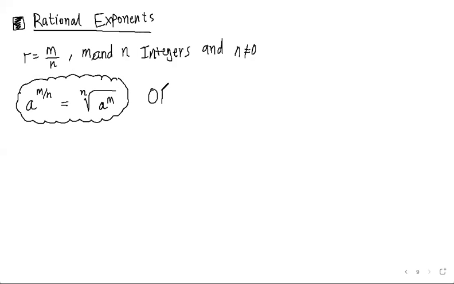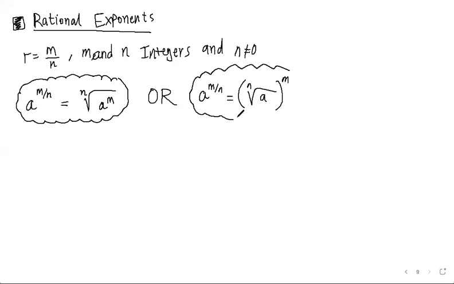In other words, a to the m over n equals the nth root of a, everything to the m. Again, m and n are integers and n is greater than 0.